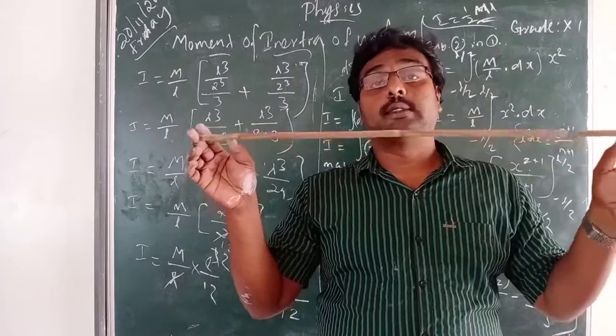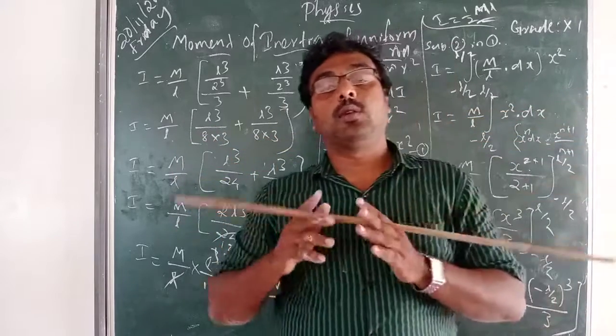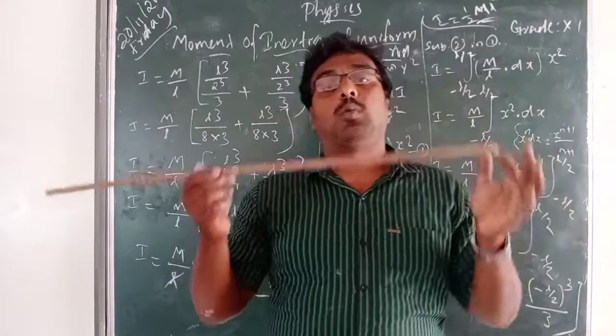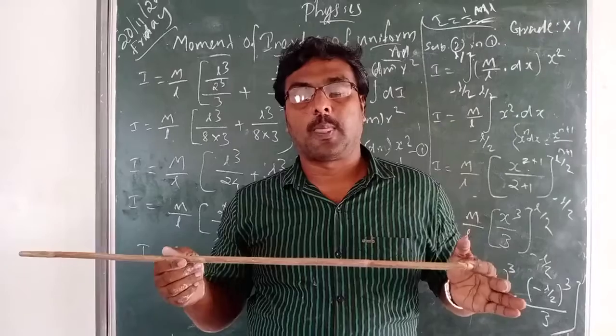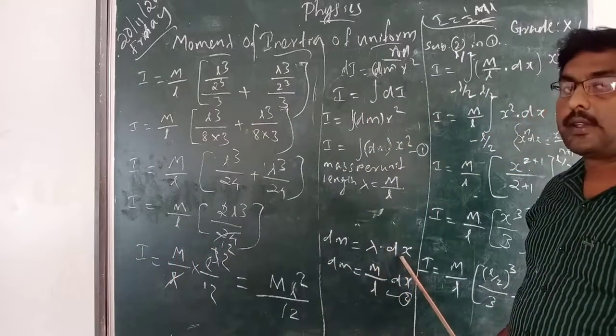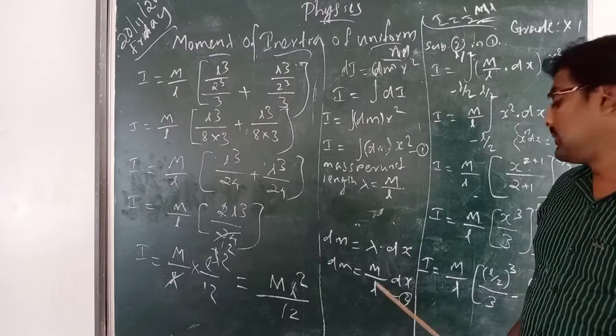So the whole length is L. If we divide it in half, this side is L by 2 and the other side is L by 2, but this is on the negative x-axis, so minus L by 2. And the dm value is lambda dx. Lambda means m by L, mass per unit length.